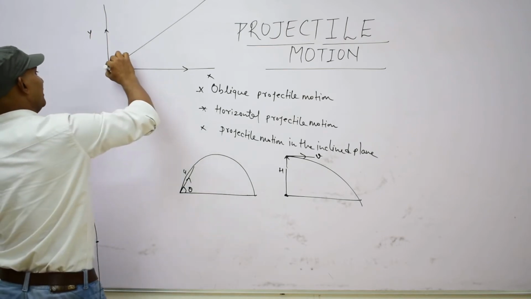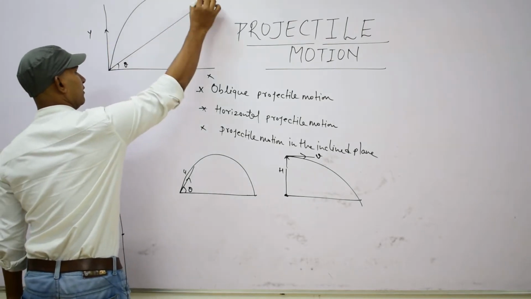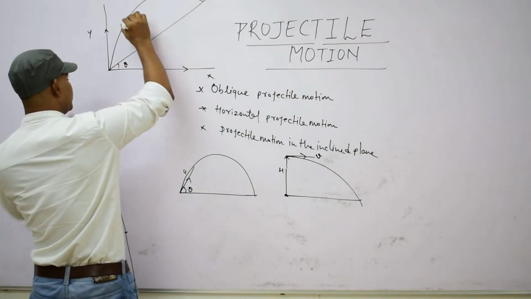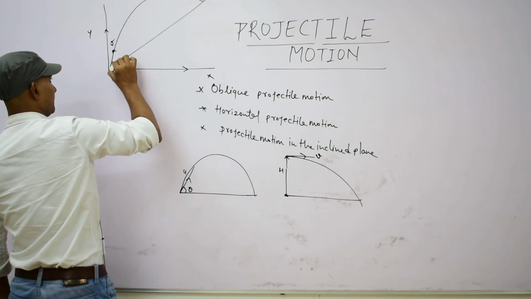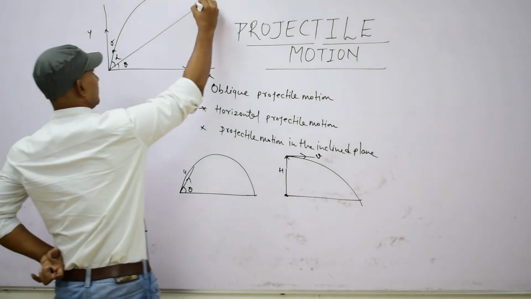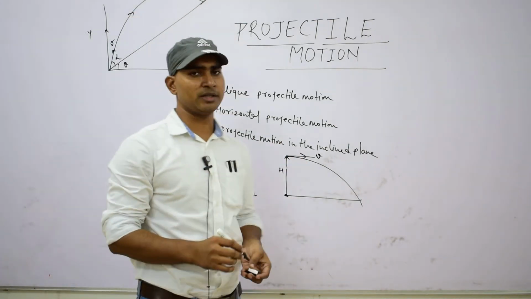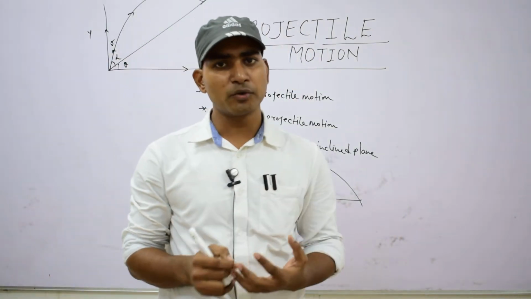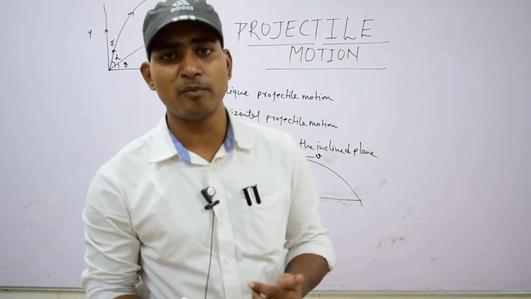If I throw a particular object from this inclined plane, it will come again on this inclined plane. So that particular kind of projectile motion is called projectile motion in the inclined plane. So these are some basic things. Now I am going to give you basic definitions of projectile motion which will be helpful for you.